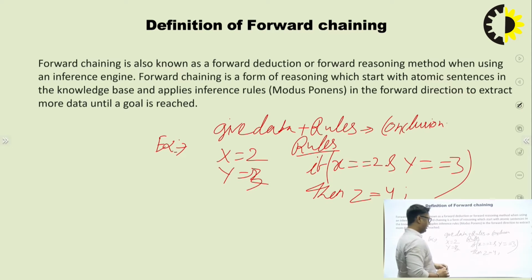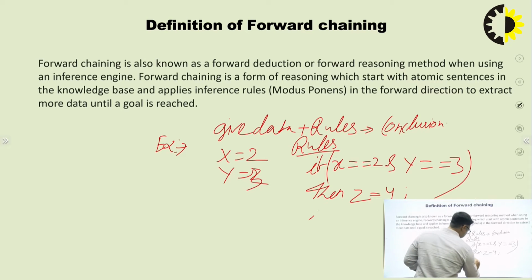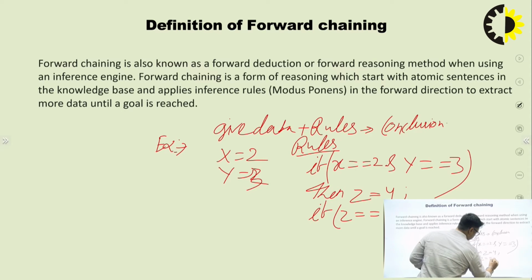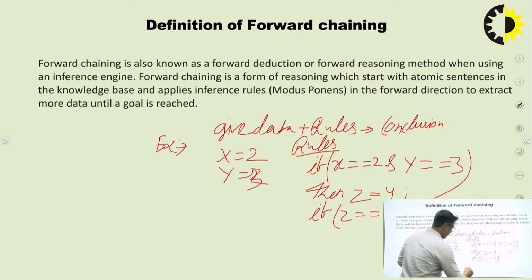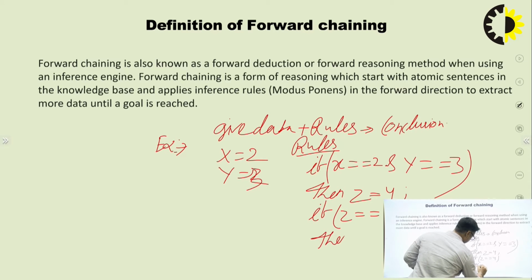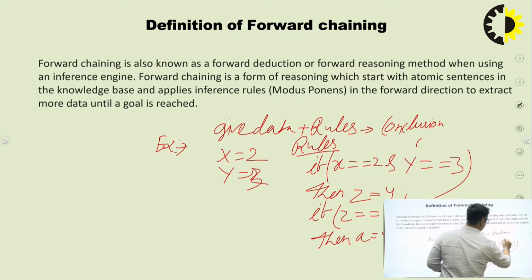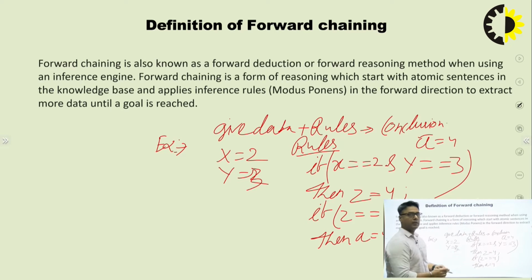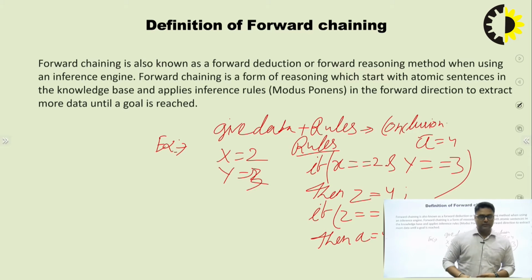Next condition: if z is equal to 4, then a is equal to 4. Finally, the conclusion is a is equal to 4. It is a very small example related to forward chaining, but from the exam point of view, you have to see some more examples, so I will discuss some more.